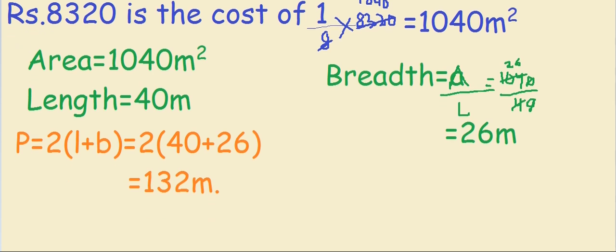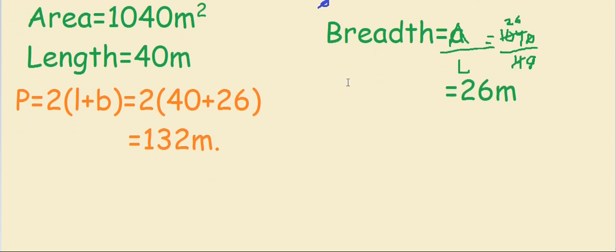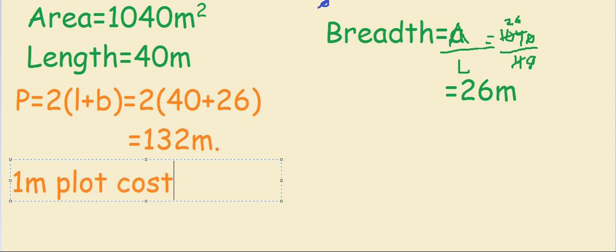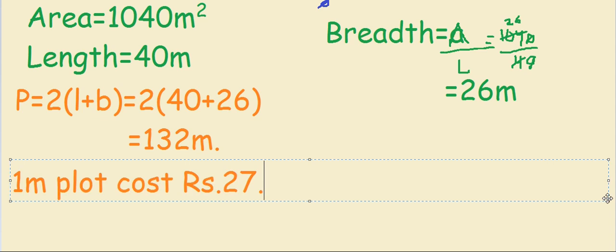it says 27.5. So same method I will go. The 1 meter cost is 27.5. Cost of 1 meter plot, cost rupees 27.5, and the total plot or the perimeter of the plot is 132.